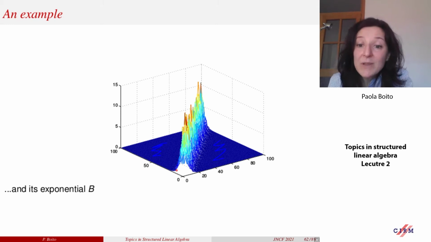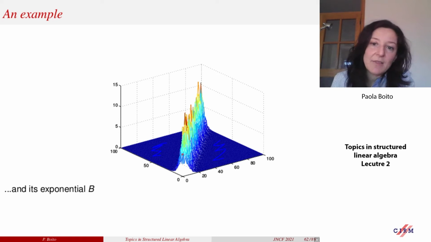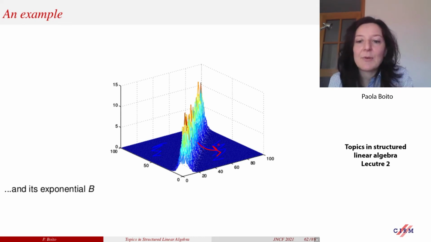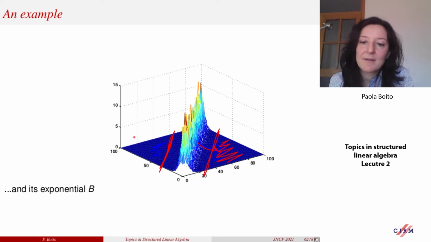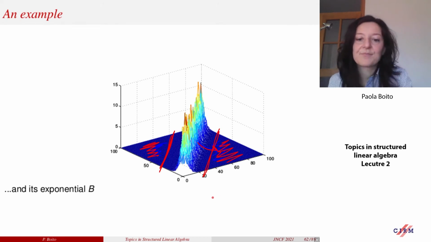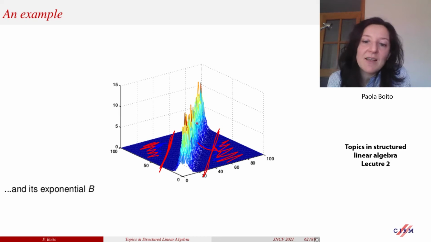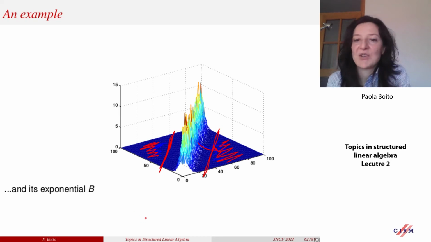What you can clearly see is that the matrix has non-negligible entries around the diagonal, but as we go away from the diagonal in this direction, the magnitude of the entries decreases very quickly. And so if we take a banded approximation of the matrix, for instance, with a band like this, the error is given by the norm of these pieces, and this is small if we take the band large enough. So the question is, how large should this band be taken? In other words, can we describe this decay behavior in the entries of the exponential of a matrix?